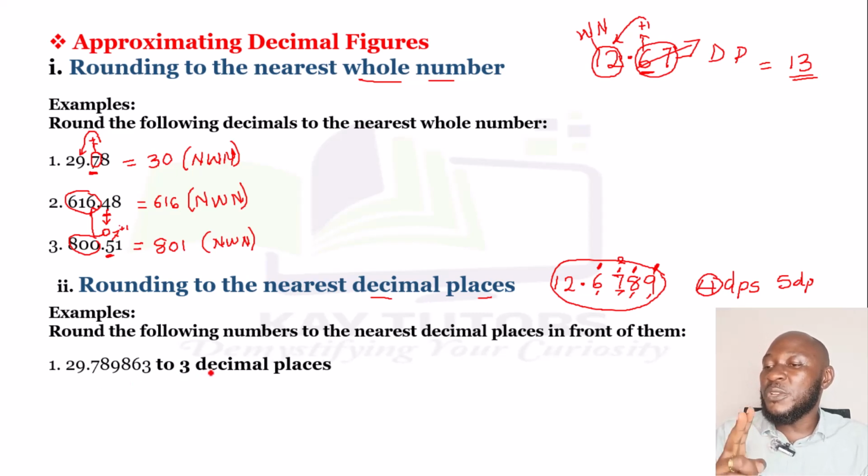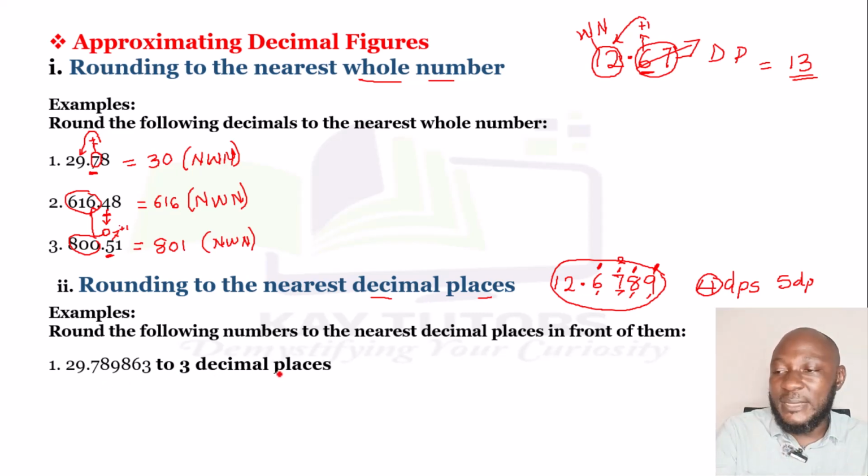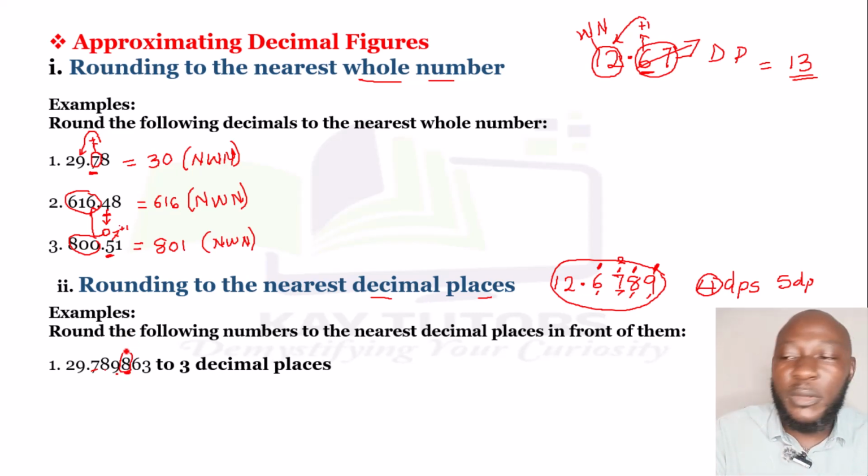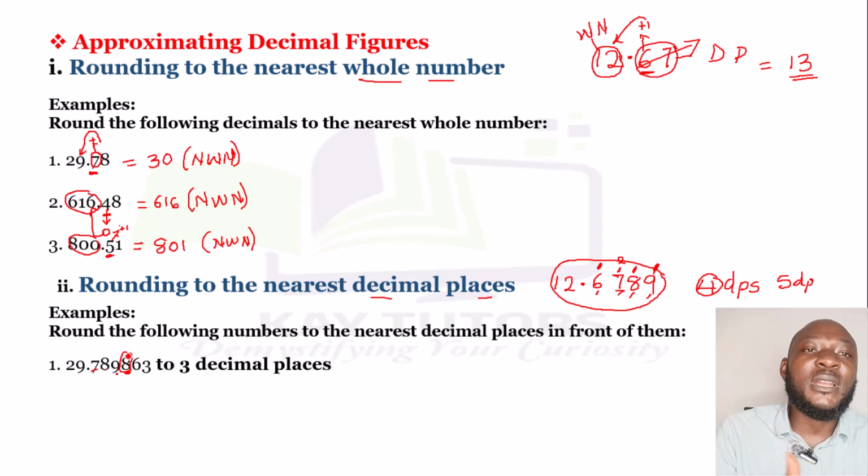Since I am rounding to 3 decimal places, what am I expected to do? I'm expected to count 1, 2, and 3. Then I'll carry out my judgment on the 4th decimal place. Now ask myself again the intelligent question: is 8 greater than 4? Yes, 8 is greater than 4.